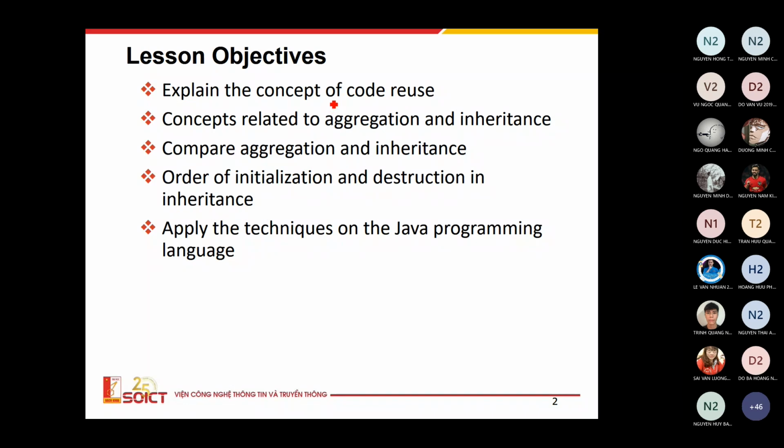Aggregation you can call in Vietnamese kết tập, and inheritance is kế thừa. We will compare the difference between them, learn the order of initialization and destruction in inheritance, and apply this technique in Java.